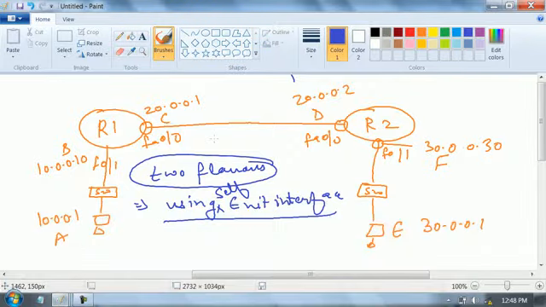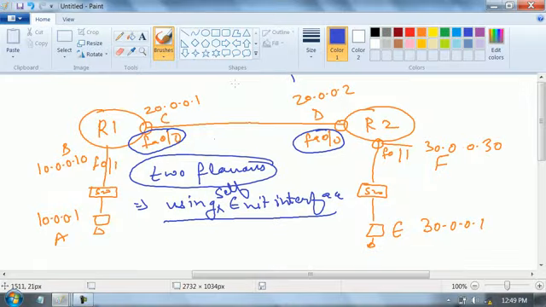Guys, first of all, tell me one thing. This FA0/0 and this FA0/0, these can be same. Are you confused with this thing? How is this also FA0/0 and how is this also FA0/0? Any issues? Because these interfaces are interfaces of different routers.